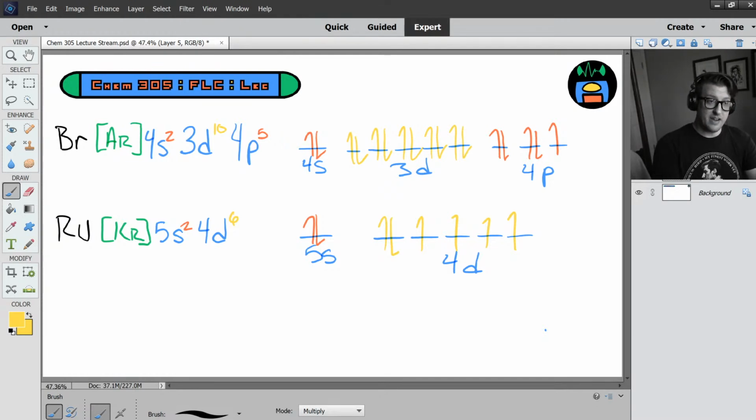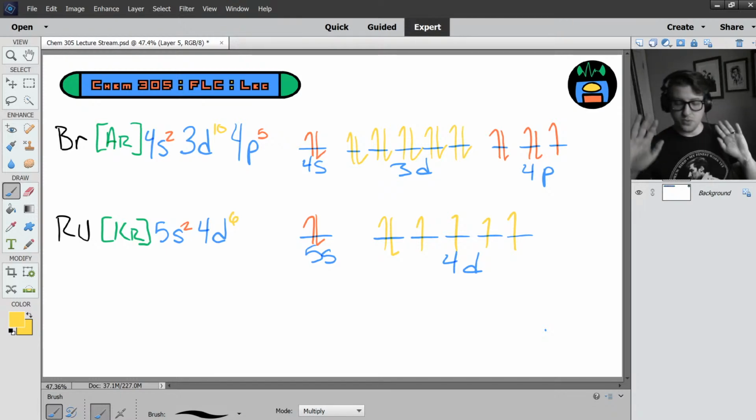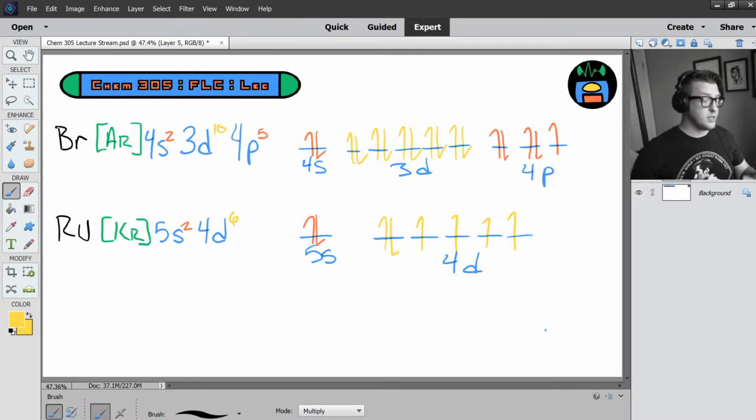It did not cover F block elements in the textbook, so we will be omitting that. If you take Chem 400 with me or someone else, you'll probably get into it. So there is more to talk about, but this is all this textbook covers, and so this is all I'll be covering.